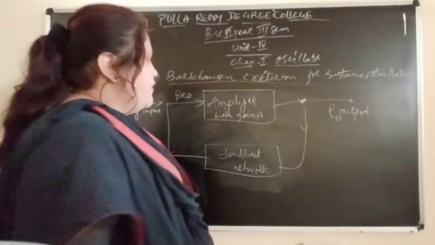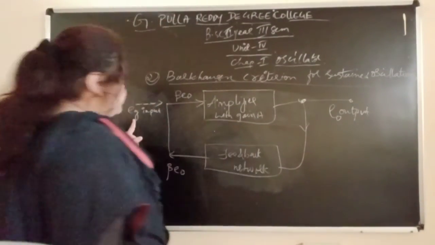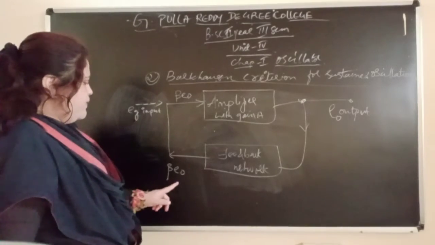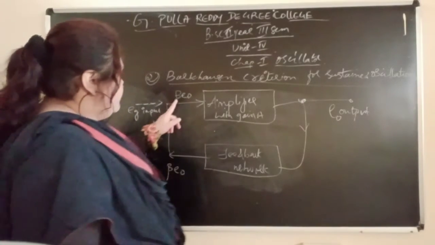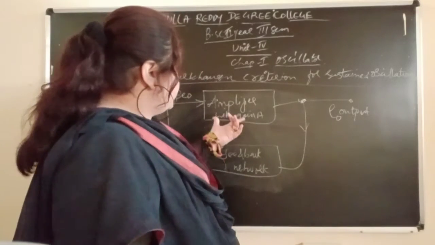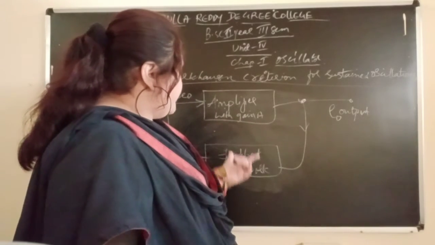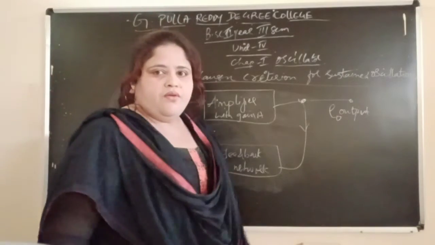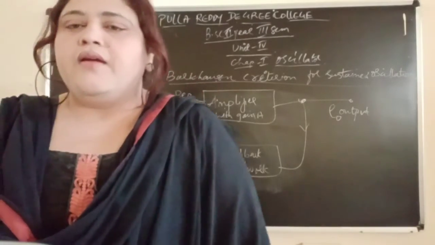Let us consider an amplifier with the gain A and with a feedback network. Here Eg is the input voltage and E naught is the output voltage. You can see in the diagram: Eg is the input, beta is the feedback fraction, beta E naught is the feedback signal, and E naught is the output. This is the amplifier with gain A and this is the feedback network.